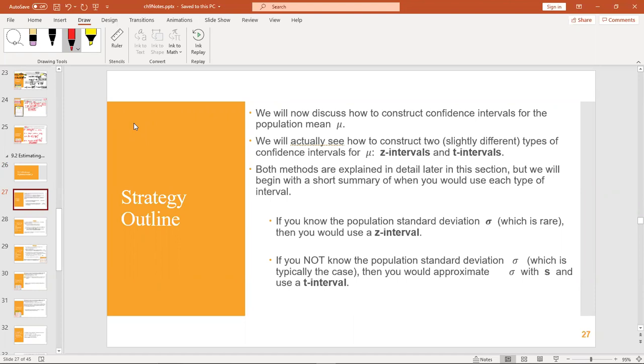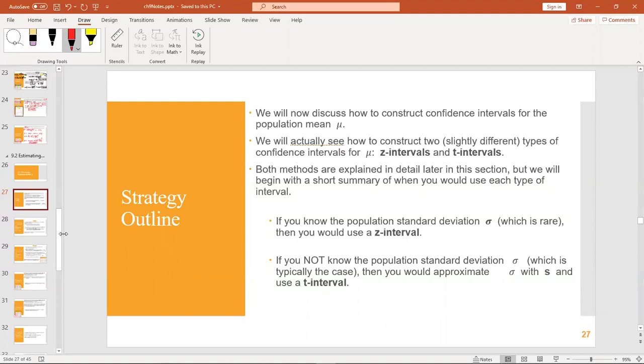We'll get into greater detail as to what the distinction is, but essentially, if you know the standard deviation of the population going in, that's going to be a Z interval. If you do not know the population standard deviation, which realistically is more common in the real world, then what you have to do is approximate sigma with S and then build what's called a T interval.